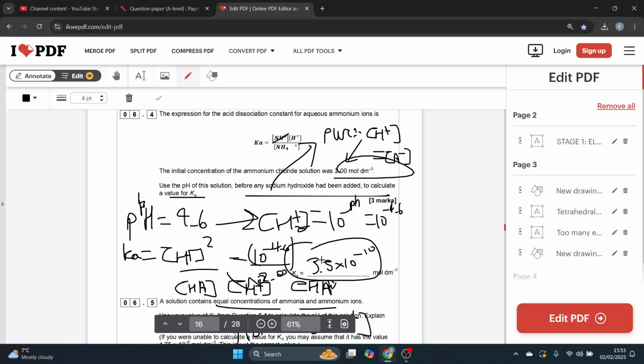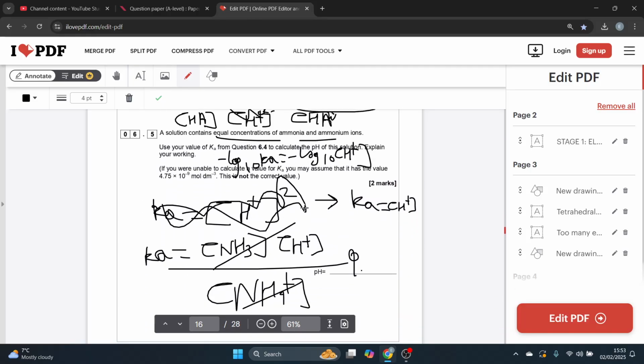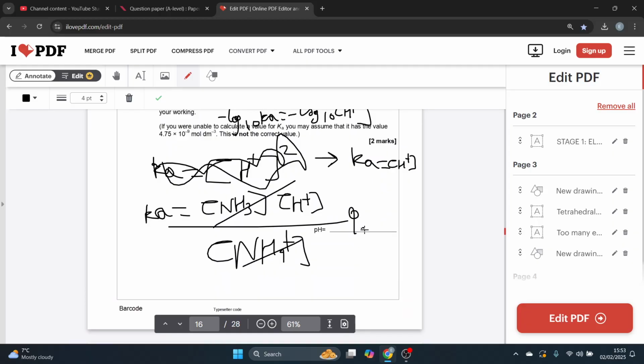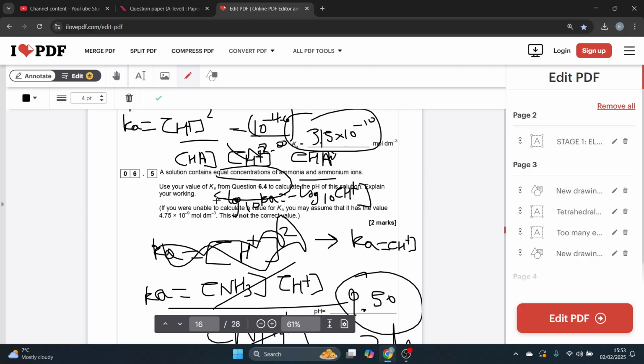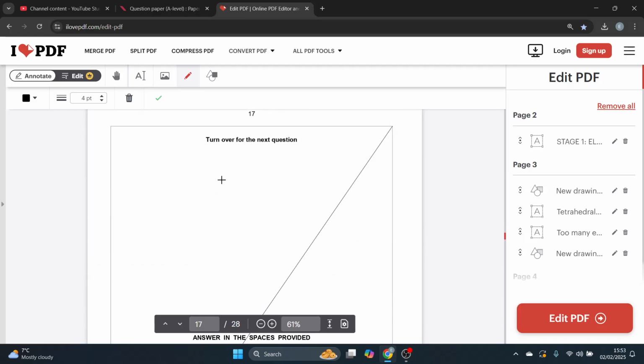So again, it's a silly mistake. I just forgot to write the 1. And then you should get 9.50 to 2 decimal places. Just identify equal concentrations of ammonia and ammonium ions, they cancel out, Ka equals the concentration of H plus, therefore pH equals minus log 10 of Ka, which is 9.50 using this answer for Ka.